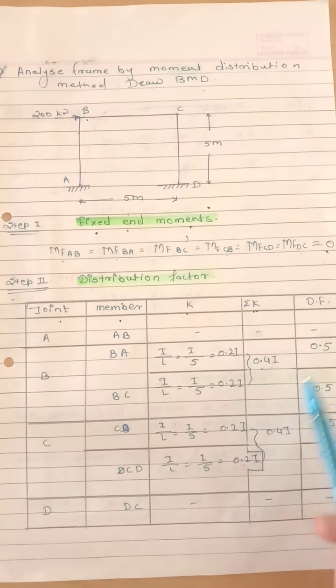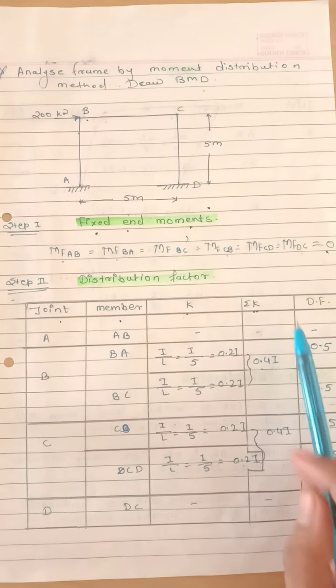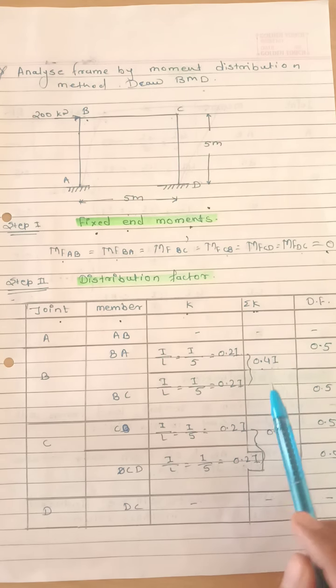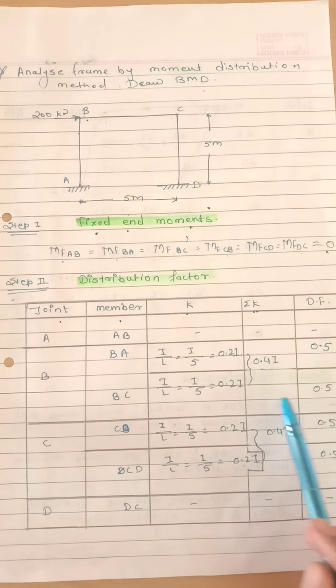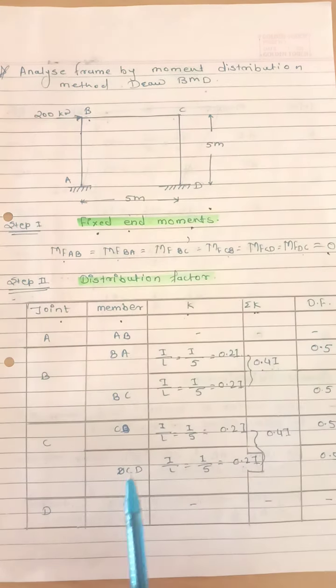The distribution factor for member BC is K 0.2I divided by summation of K 0.4I, so the value is 0.5. Similarly for joint C, members CB and CD act, with the same formula I by L and same length, so the distribution factor is also the same.